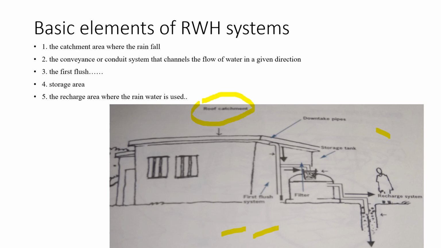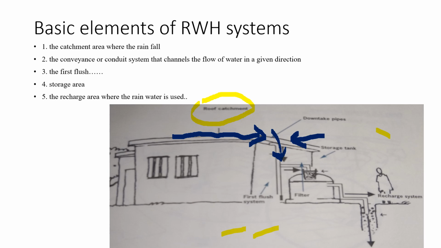As you see, once the rain falls over here, it is collected, and ultimately it comes from this direction as well as from this direction, and is collected into this conduit, and from here it enters into this pipe.